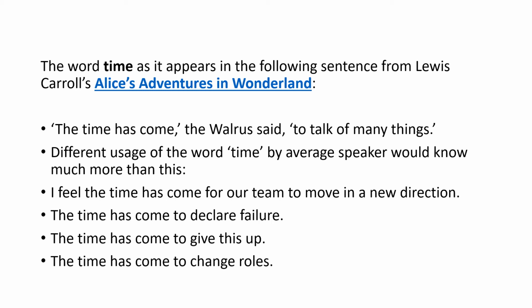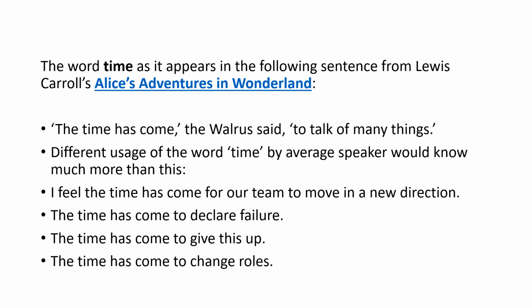The word time appears in the following sentence from Lewis Carroll's novel Alice's Adventures in Wonderland. It's a very famous novel, and mostly children and teenagers know about this novel very well. The sentence used in this novel by Carroll is: "The time has come," the Walrus said, "to talk of many things."